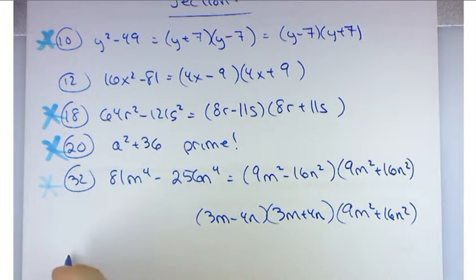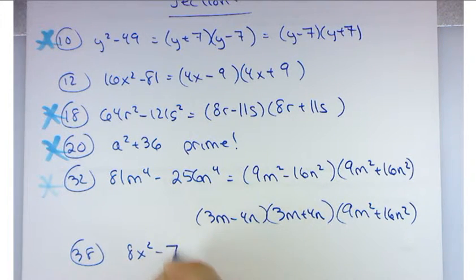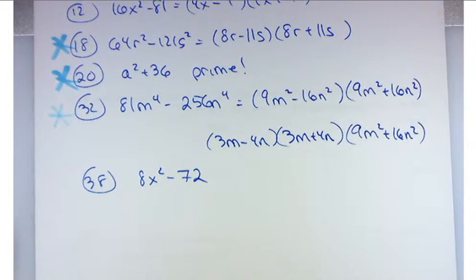Another good problem would be something like number 38. 8x squared minus 72. You look at that and you're like, okay, well, gee, neither one of those is a perfect square. I don't get it. What are we going to do? Any suggestions?